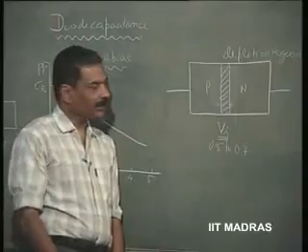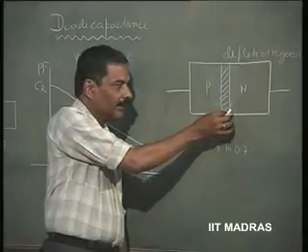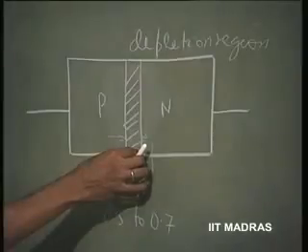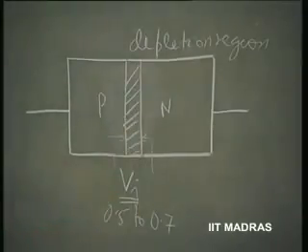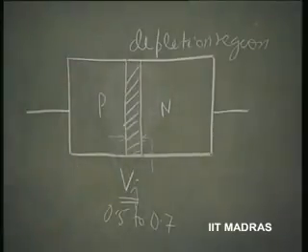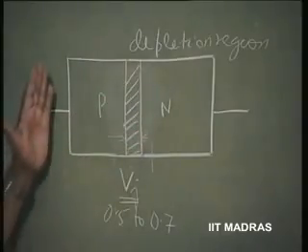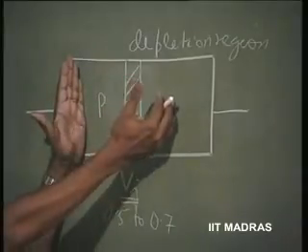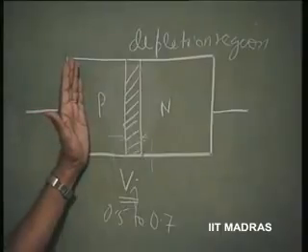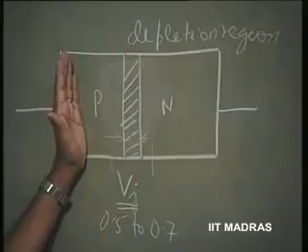When it is forward biased, the depletion region width decreases enormously, and when it is reverse biased, it increases. Now, since it is a depletion region depleted of all carriers, we can consider this region as equivalent to two parallel plates within which we have sandwiched an insulator. No carriers exist, so it is an insulator.